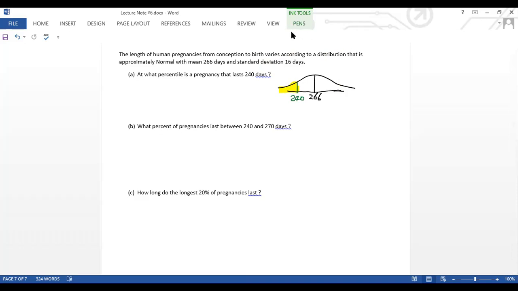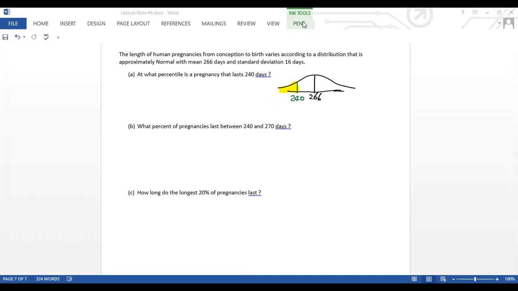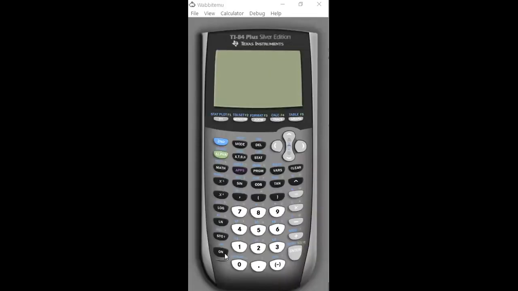Okay, so now you're looking for the area. What do we need to do? Okay, so let's go to the TI-84 calculator. We find the area, right? So now this is pretty cool. We turn that on, clear. Now you say 2nd DISTR, because I'm finding the area, I'm finding the normal CDF, right?